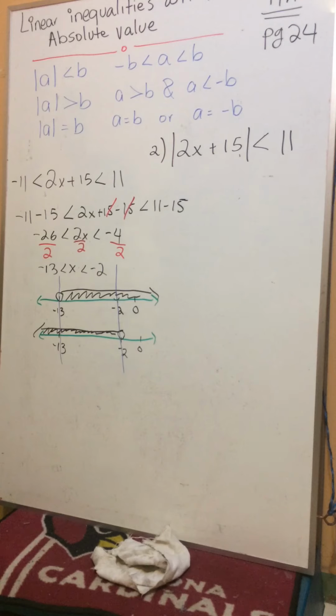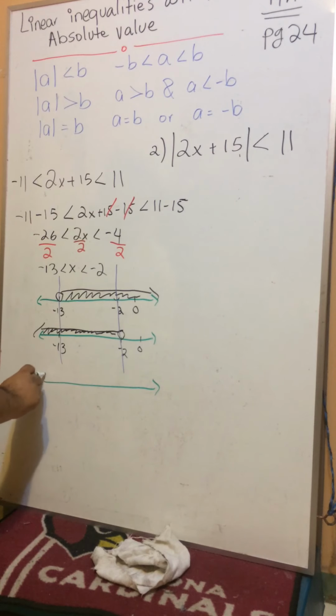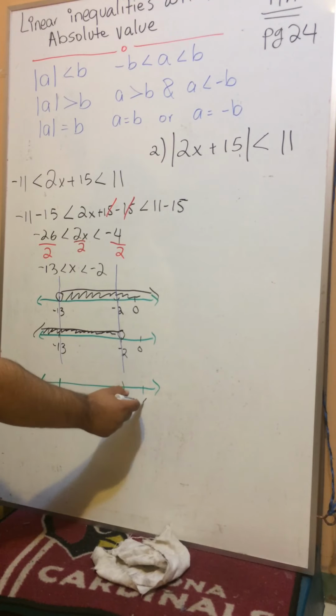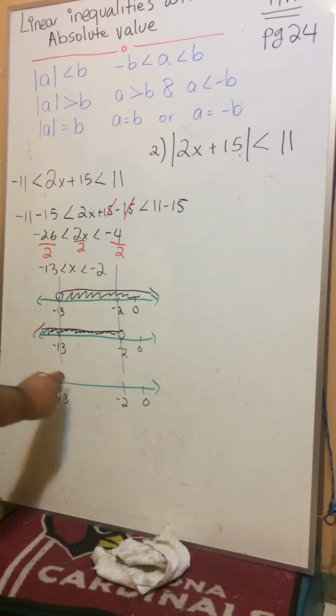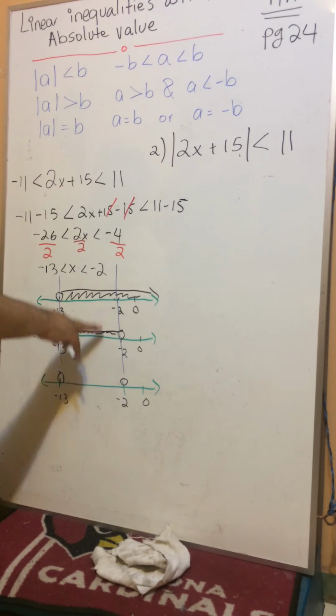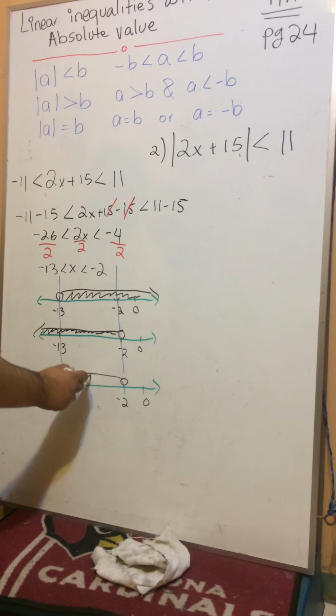When we make our next line graph, it's going to be a little bit different. We have minus 13, this is minus 2, this is 0. These points are not included. Where are the values that are shared? All of this area. That means this is the solution.